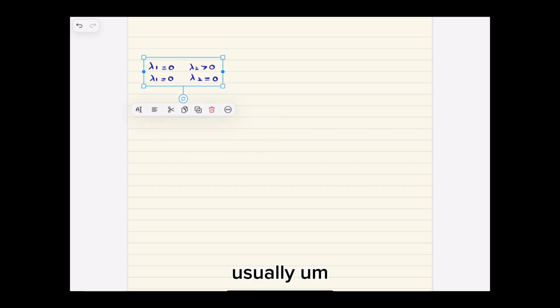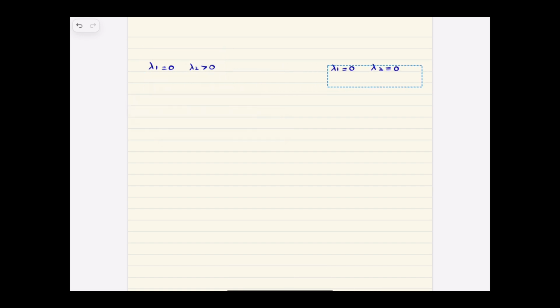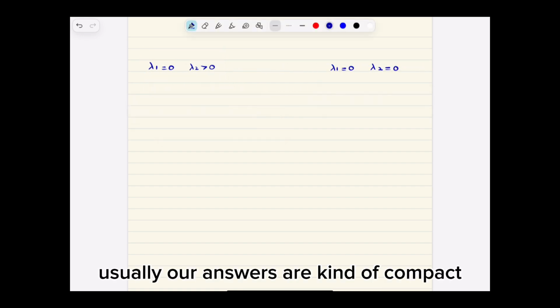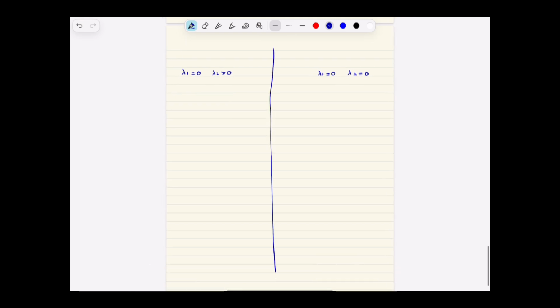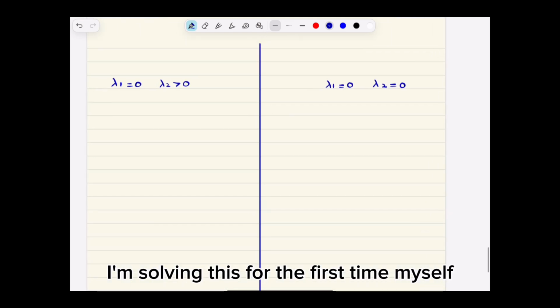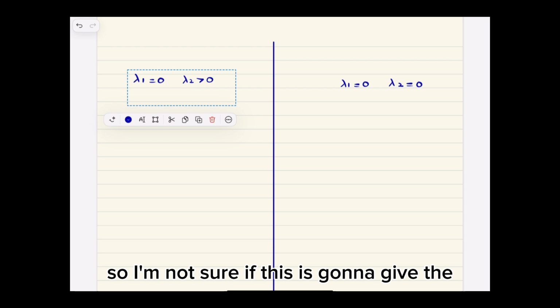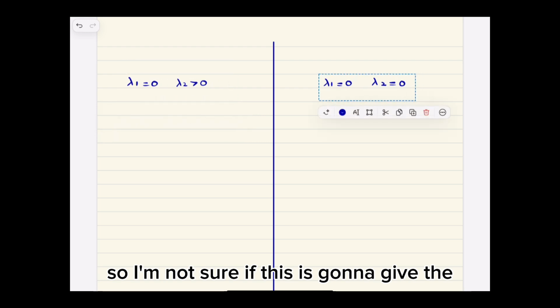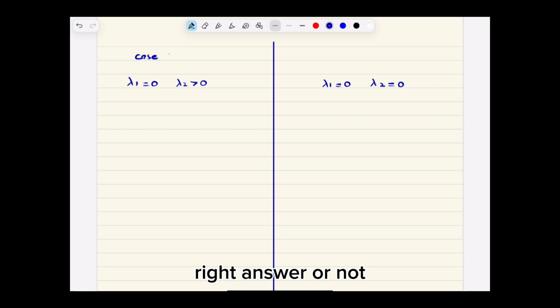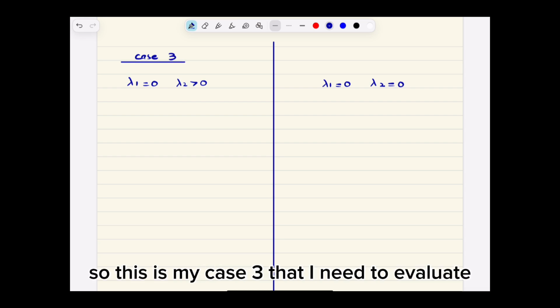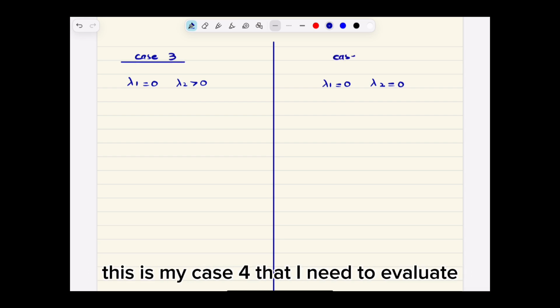I'm solving this for the first time myself, so I'm not sure if this is going to give the right answer or not. So this is my case 3 that I need to evaluate. This is my case 4 that I need to evaluate.